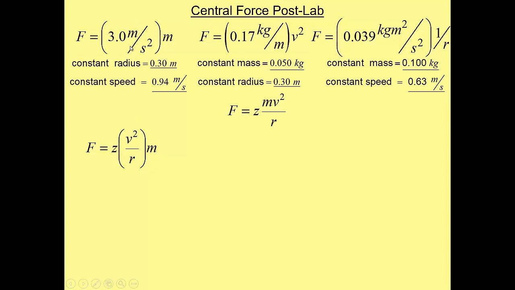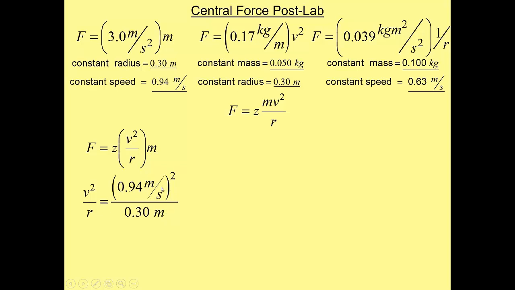Well, in this part of the lab, we kept the speed and the radius constant. So what was the speed squared over the radius? Well, let's see. Speed squared over the radius is 0.94 meters per second, squared, over 0.30 meters. Let's check out the units.